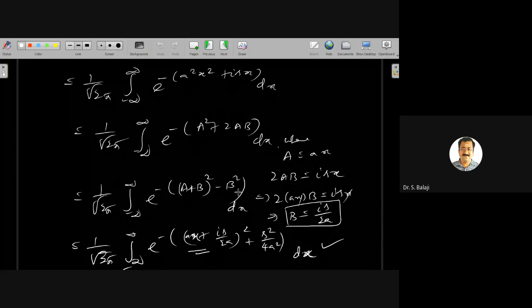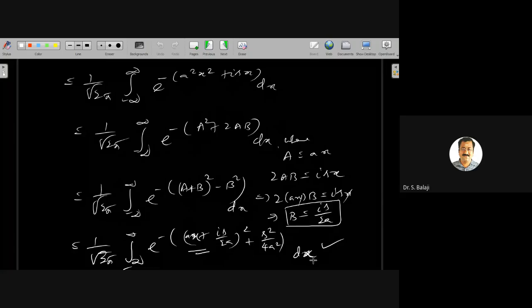Now substitute a and b: a is ax, b is is by 2a, so b square is i square s square by 4a square. I square is minus 1, and with the minus already there, it becomes plus s square by 4a square, with respect to x.